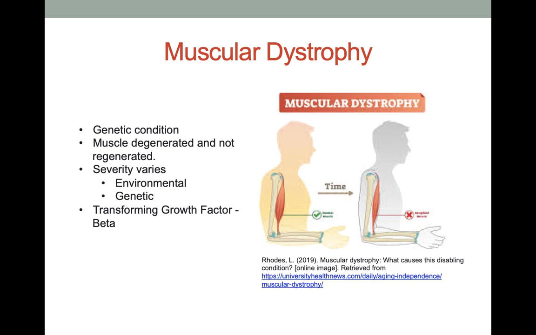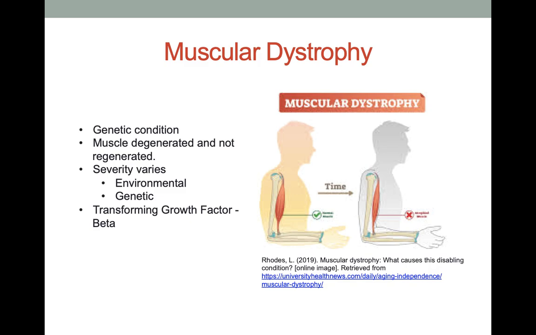Because we see variety within the same gene mutation, the severity is probably controlled by other genetic factors, as well as environmental things. That's why we see various forms there. One of the potential treatments we're looking at now is this: transforming growth factor beta, or TGF beta, has been shown to be upregulated in muscle cells going through dystrophy.